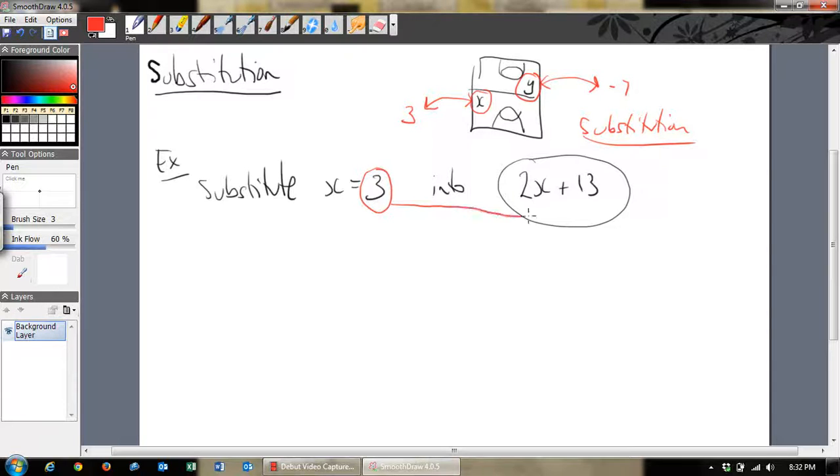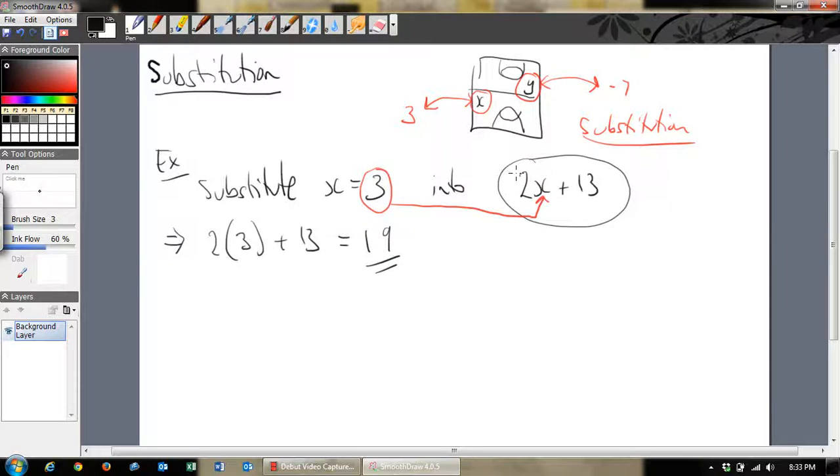If we do that, we get 2 times, but instead of writing x, we write 3 because that was our substitution, plus 13. So 2 times 3 is 6, 6 plus 13 is 19, and that is your answer.